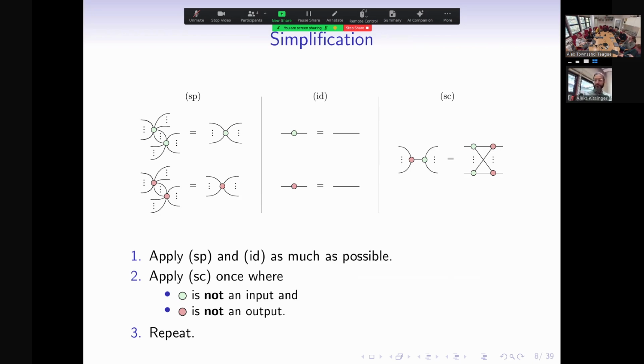But what's input and output? Well, you can put that in as a parameter. You can say, I want to call these open wires my inputs, and I put these as my outputs. You can pick. Normally you're working with something which has a natural notion of input and output.